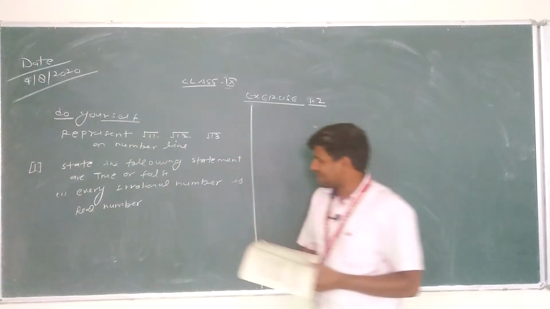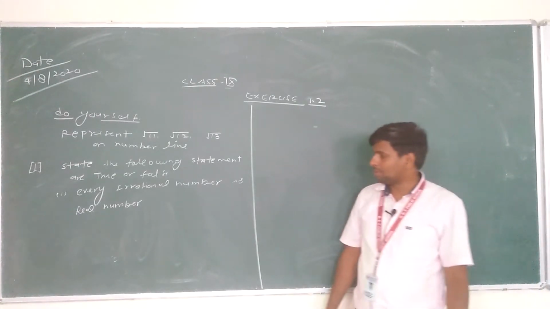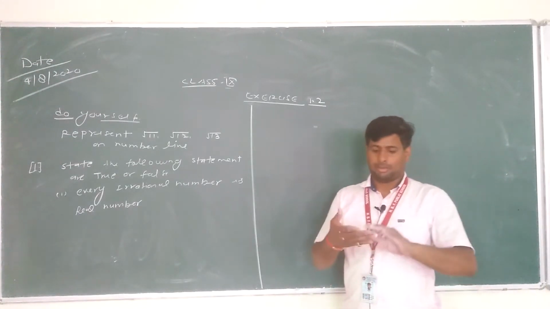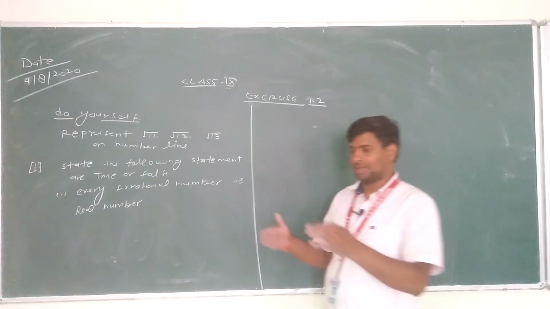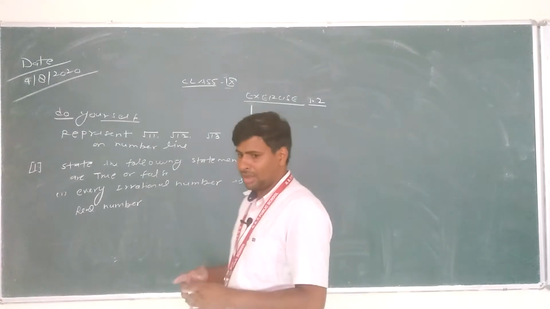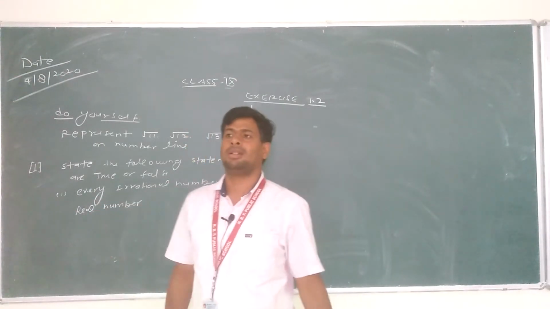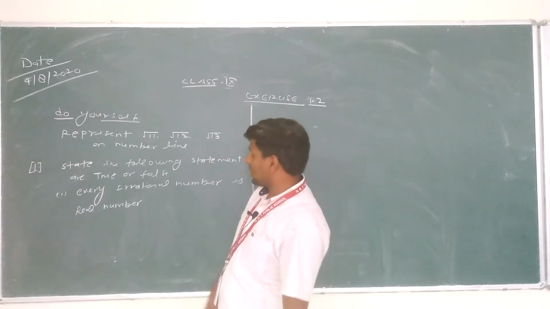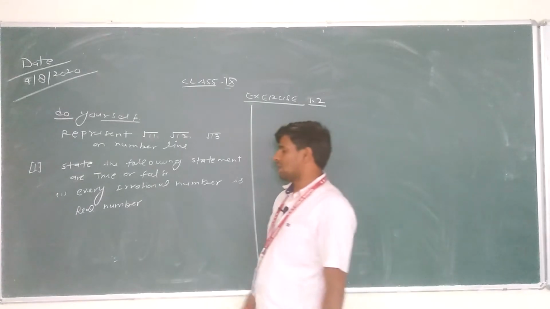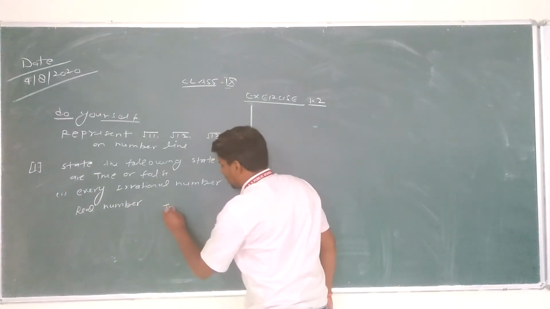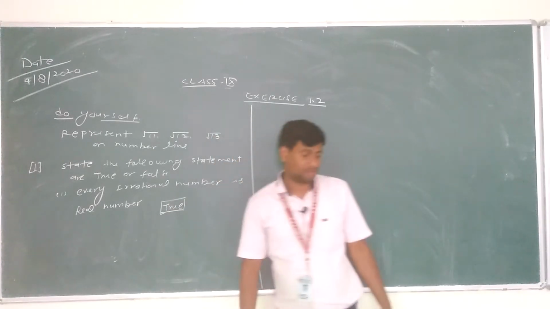So students of class 9, all of you know the basic concept of the number system. First natural number, then whole number, then integer, then real number. And real number has two parts, rational and irrational. So it means every rational number is a real number and every irrational number is also a real number. So this statement is true.